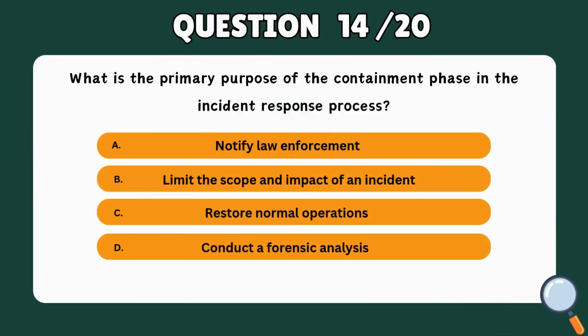Question 14. What is the primary purpose of the containment phase in the incident response process? A. Notify law enforcement. B. Limit the scope and impact of an incident. C. Restore normal operations. D. Conduct a forensic analysis.